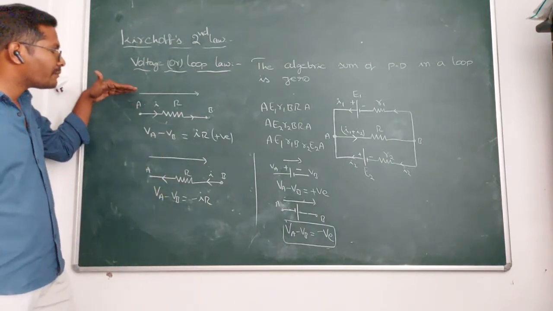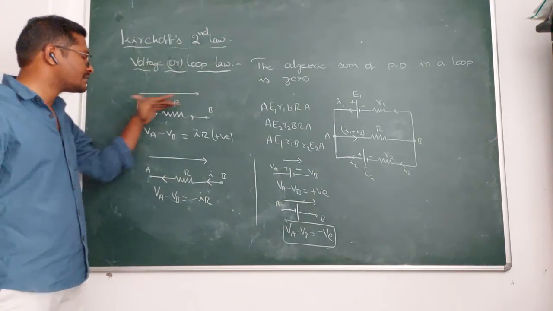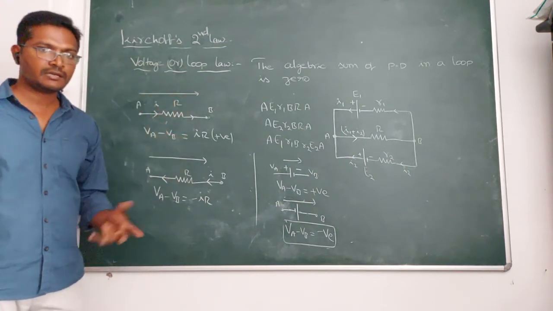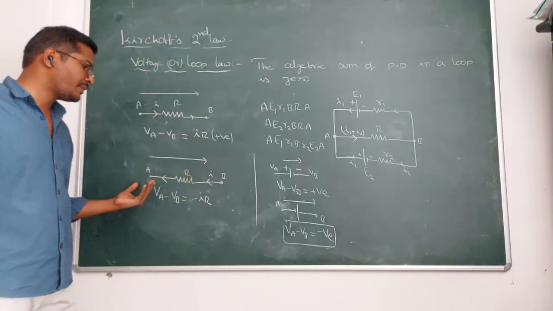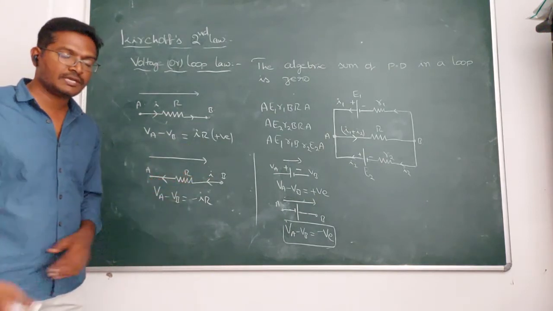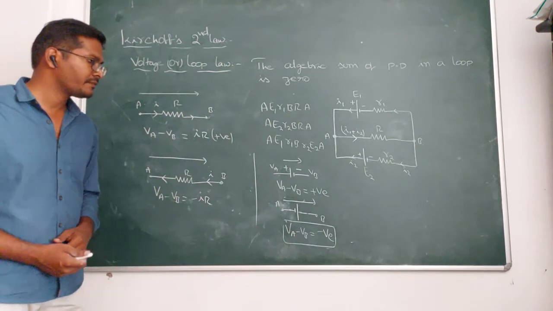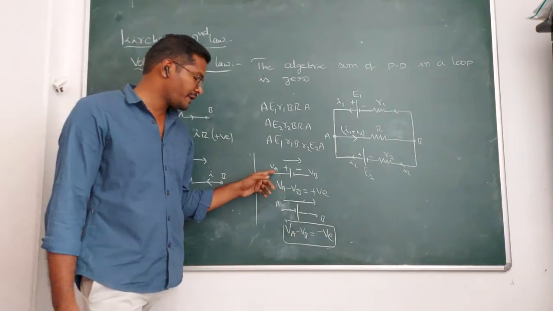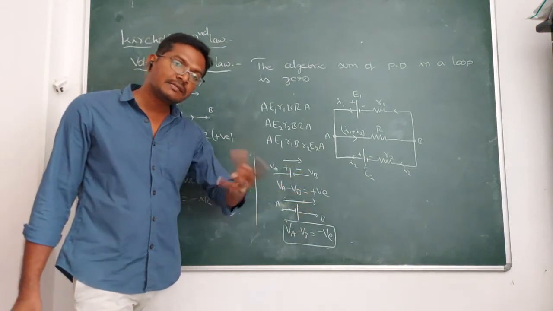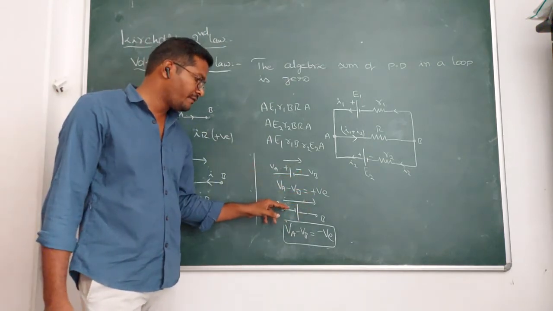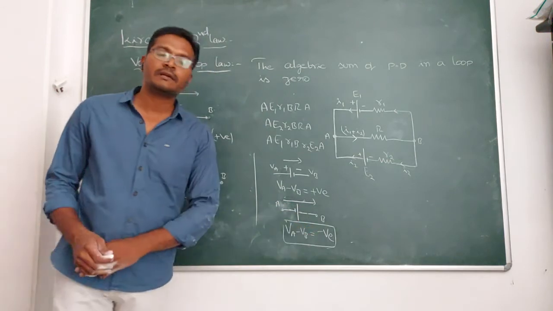Suppose our loop direction and current direction are the same, then you can take IR as negative, that is also correct. If your loop direction and current direction are opposite, then you can take it as positive, that is also correct. If you are moving from plus to minus, you can take it as negative. If you are moving from negative to positive, you can take it as positive.